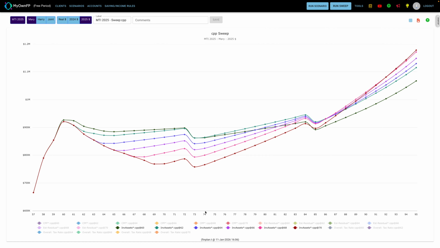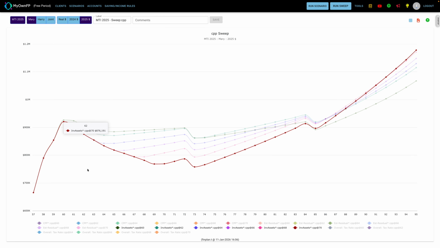You can see they're quite a bit different. If we drag along the bottom, we're seeing that the worst case in the short to medium term is the CPP at 70. And then at about age 86, the CPP at 60 is now the worst case.